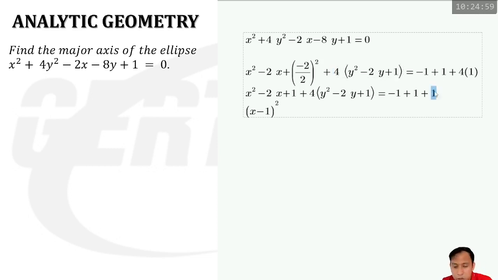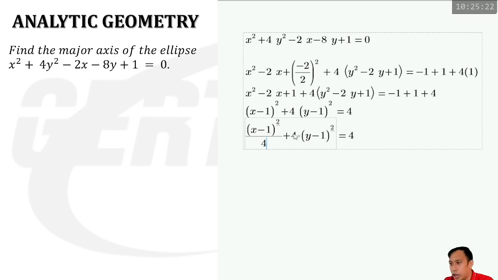So, plus 4. Now we can factor these two: x minus 1 squared, and 4 times y minus 1 squared, equal to 4. In standard form, divide by 4, and the 4 cancels, so equal to 1.